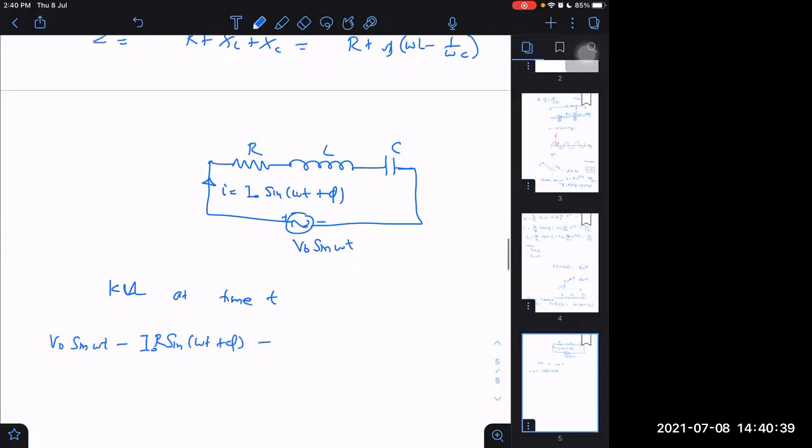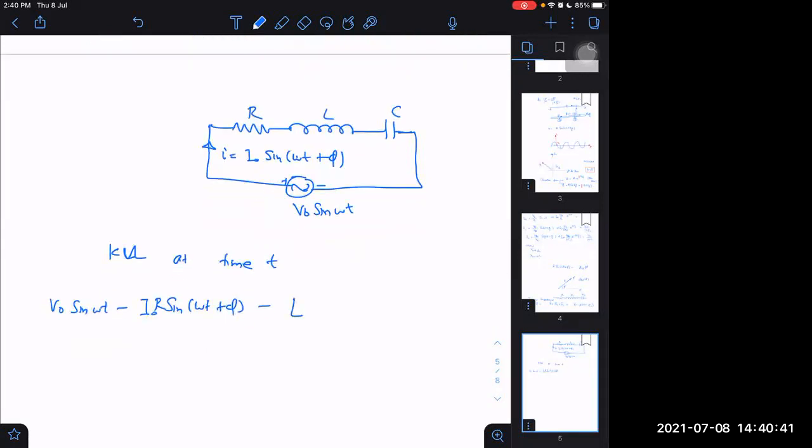That is minus L into I naught omega cos omega t plus phi. That is L into di by dt.